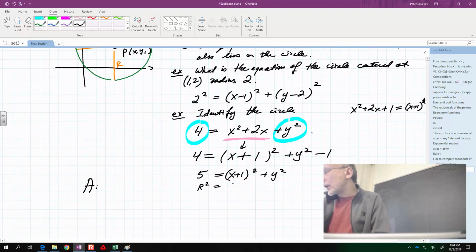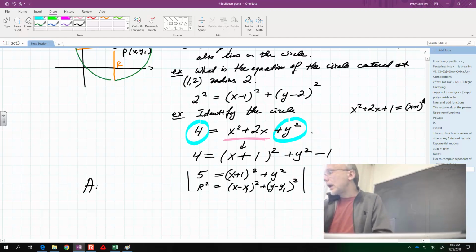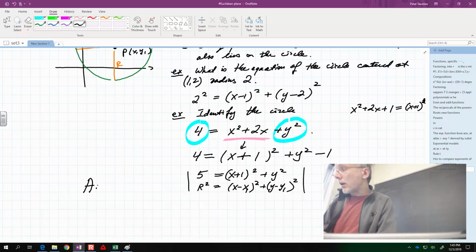R squared is equal to x minus x1 squared plus y minus y1 squared. Okay, so you have to match up the two lines and specify the 3 unknowns. The 3 parameters are x1 and y1, and what is R?